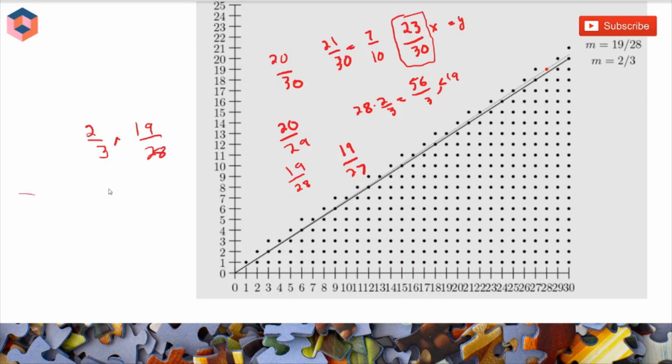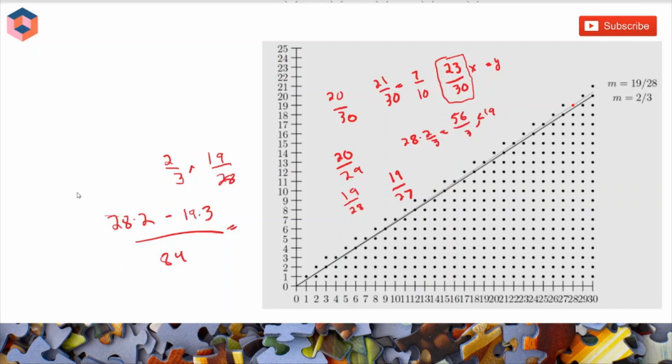Now you can do this subtraction on your own, or we'll do it right here. We'll get 28 times 2 minus 19 times 3 over 28 times 3, which is 84. This is 56 minus 57, which would give us the expression minus 1, since 56 minus 57 gives us minus 1 over 84.